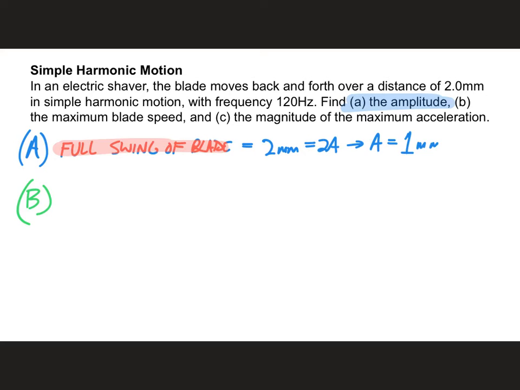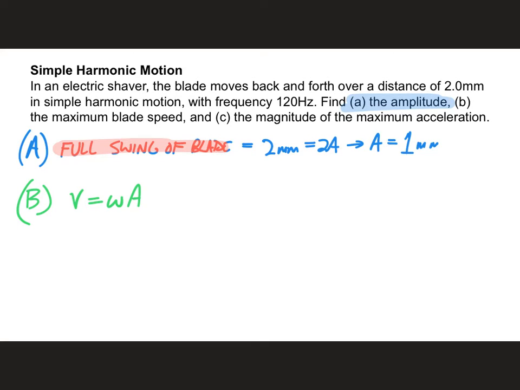B, maximum speed of the blade. Well, you know already that V equals omega R. Remember? But in this case, that length is serving for that radius part.